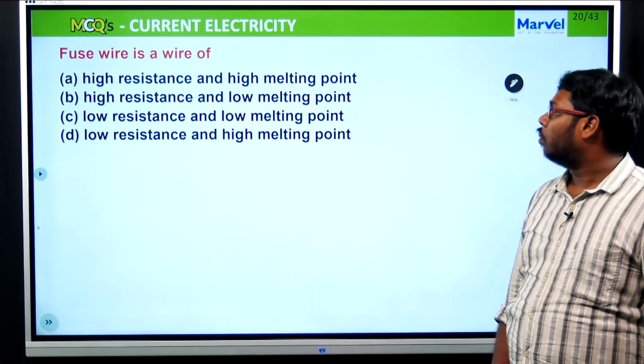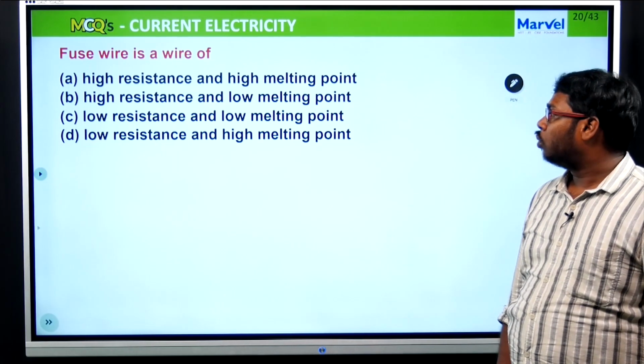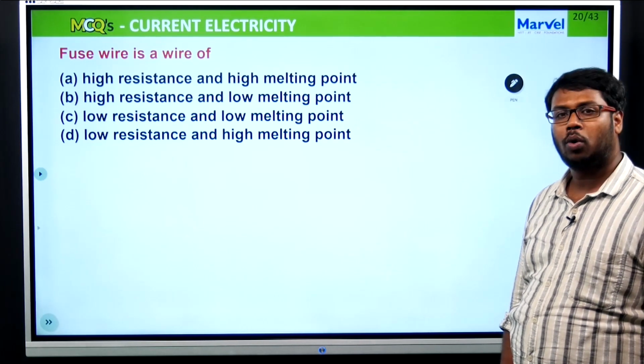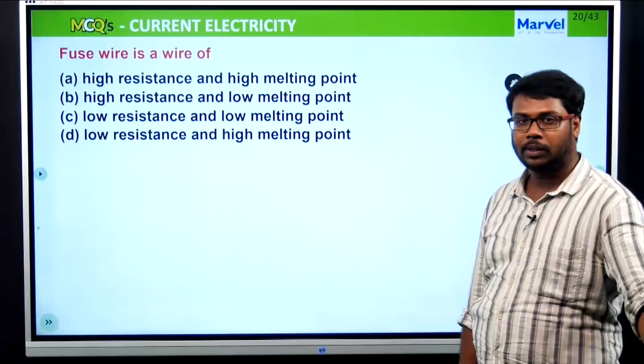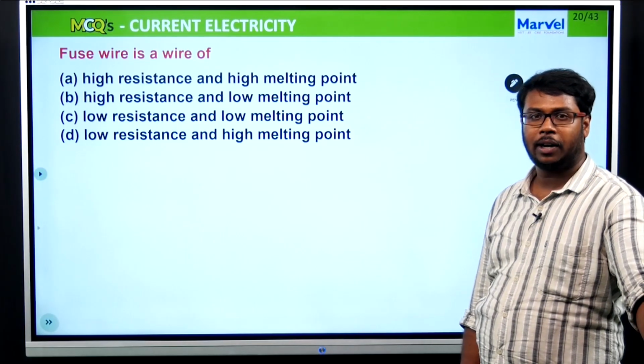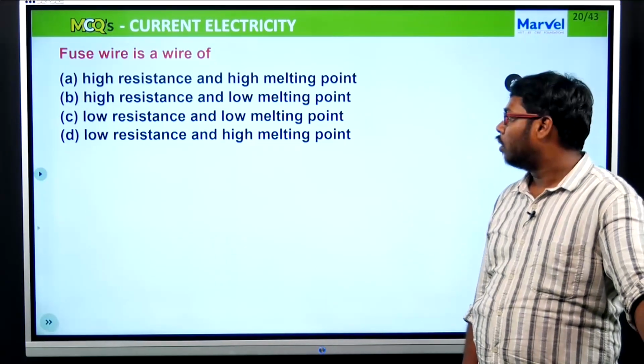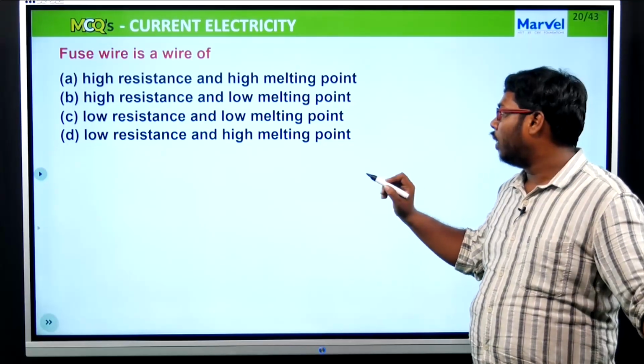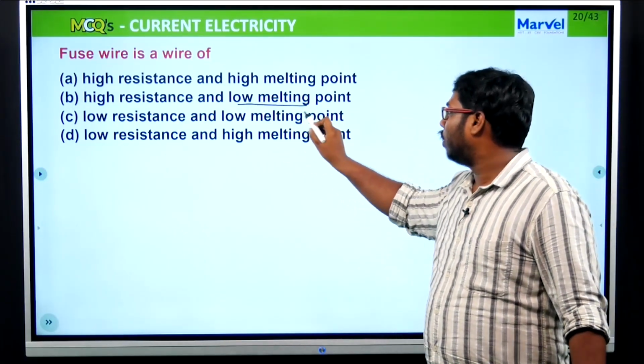So your fuse wire, what does it do? When a high voltage flows into your home, the fuse wire melts and disconnects the electric line from your domestic line. So it should have a low melting point. Only then will it be able to disconnect.